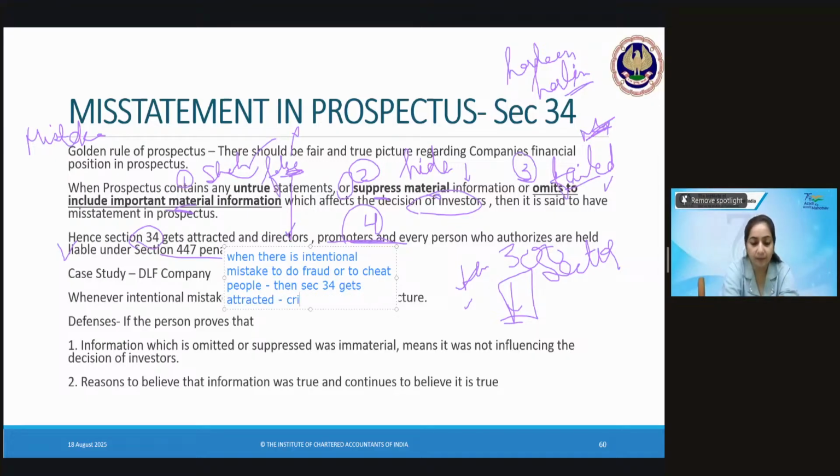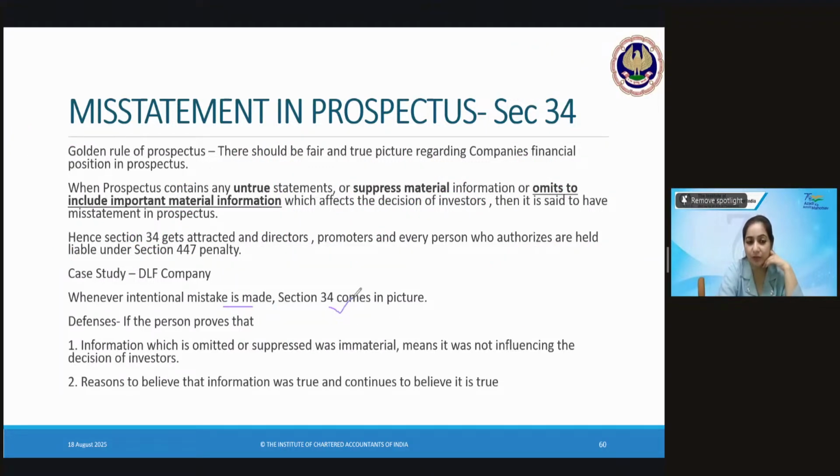That is a criminal liability case. Write down, everyone. Written? So I wrote it here also. Okay, I forgot it's written here, children. When an intentional mistake is made, section 34 comes into the picture.